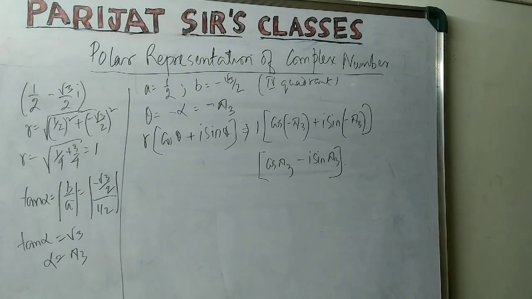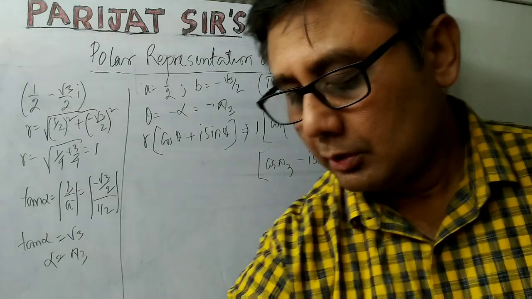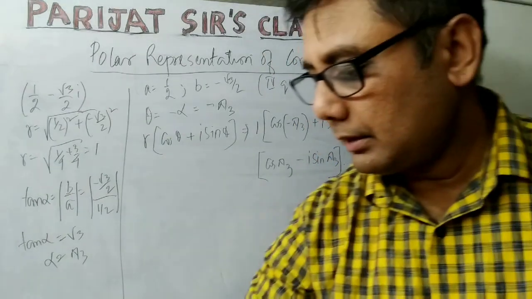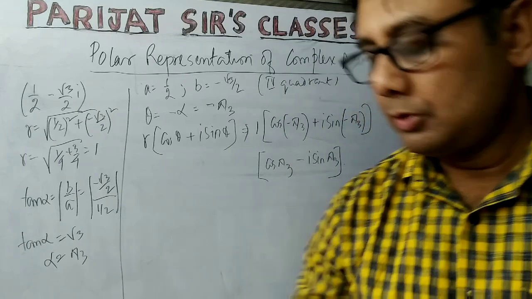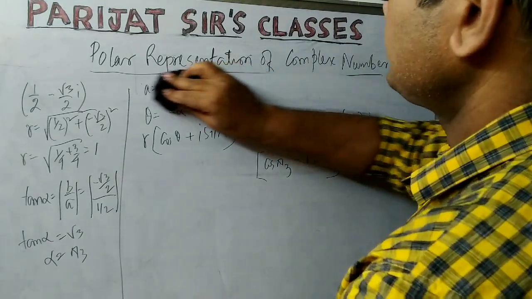So this is our polar representation of the complex number. Okay. So one more example we'll take and finish it up, the polar representation.